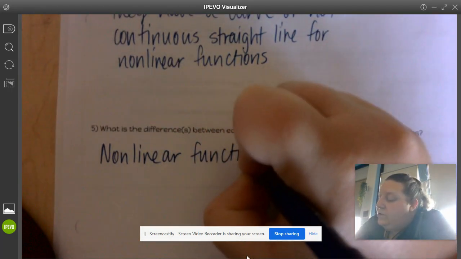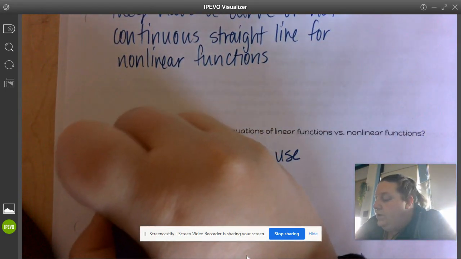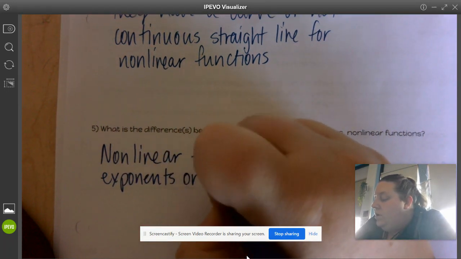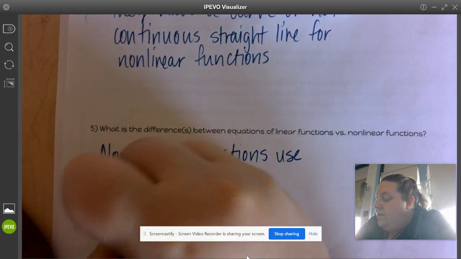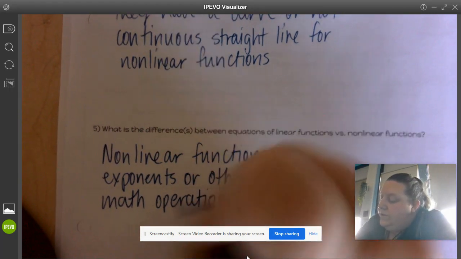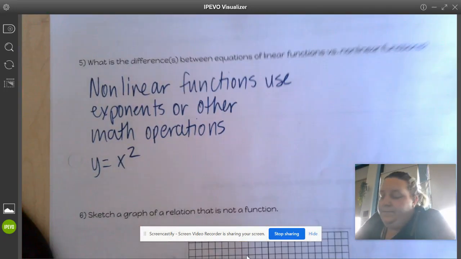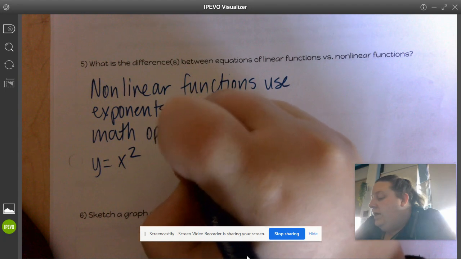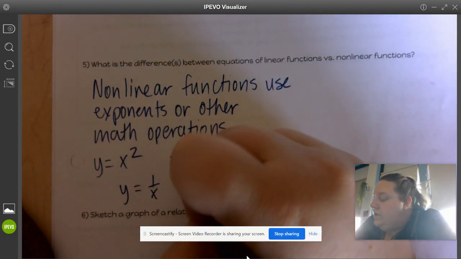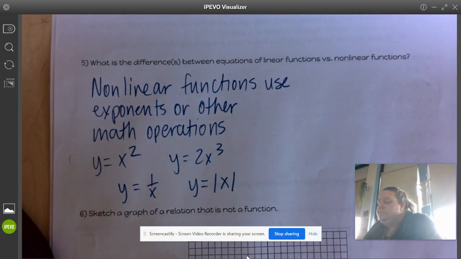So nonlinear functions use exponents or other math operations. And I'm just going to list them here. So y equals x squared. Put this up a little bit. We had y equals 2x cubed, y equals 1 over x, and y equals absolute value of x.